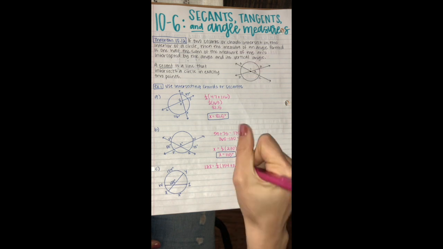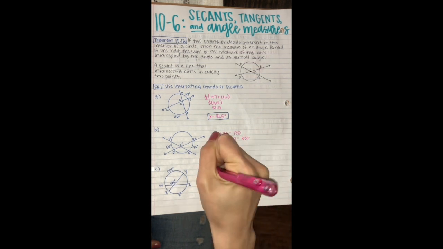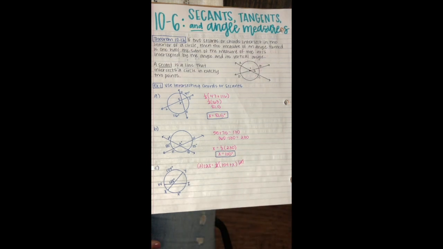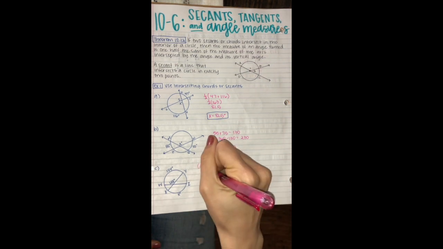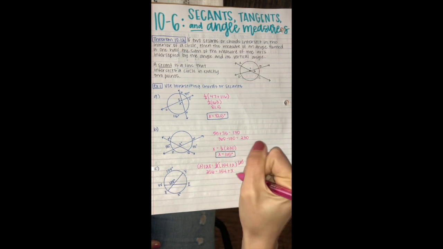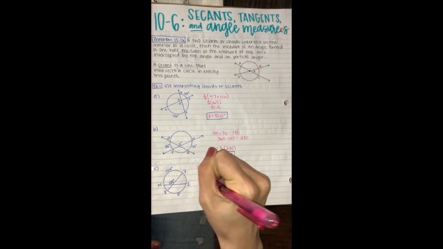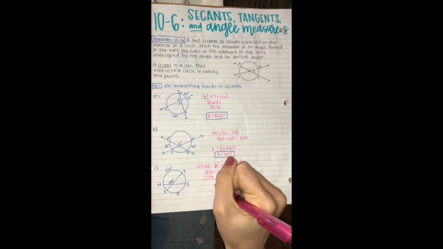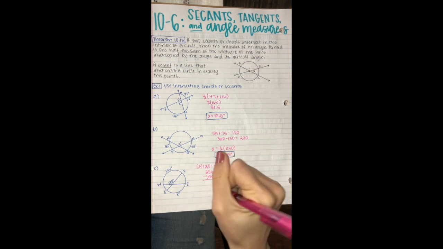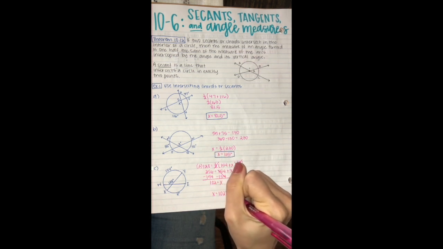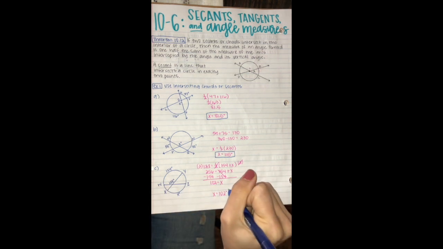So to get rid of that 1/2, we need to multiply by 2 on each side, because that would cancel. 2 times 128 is 256. That equals 154 plus x. We'll subtract 154. And then we get x equals 102. So x equals 102 degrees will be our answer.